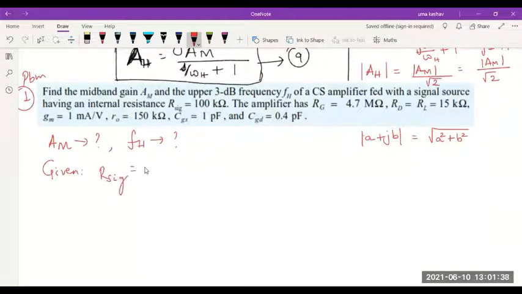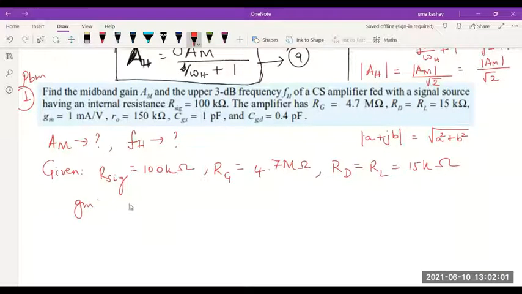The source resistance is given as 100 kilo ohms. The biasing resistance Rg of the amplifier is 4.7 mega ohms. The drain resistance Rd and load resistance are both 15 kilo ohms. gm is given as 1 milliampere per volt.